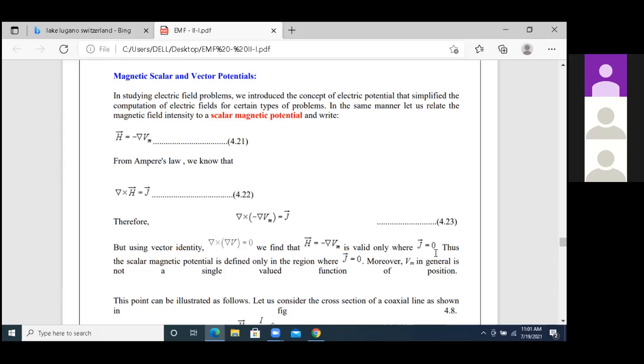So essentially they're saying that scalar magnetic potential using this equation, where we substitute H for minus del Vm, can only be when J equals 0. Yeah, that's all I get from it. Which is right.